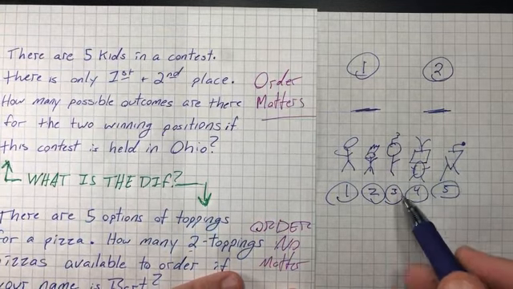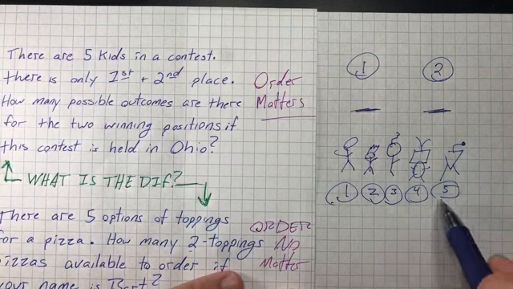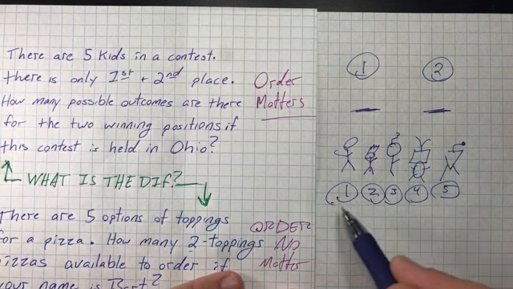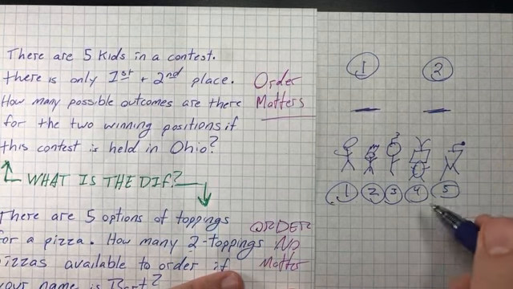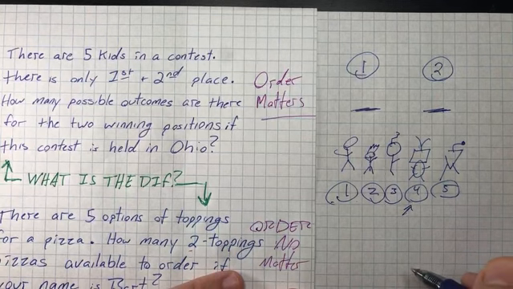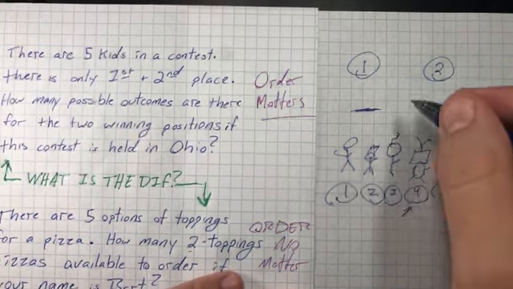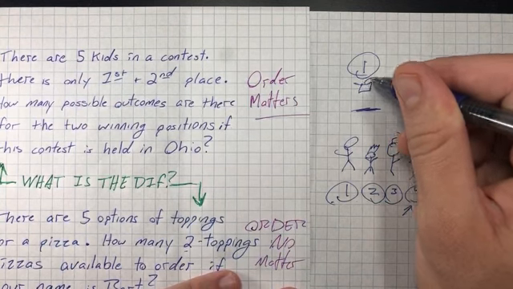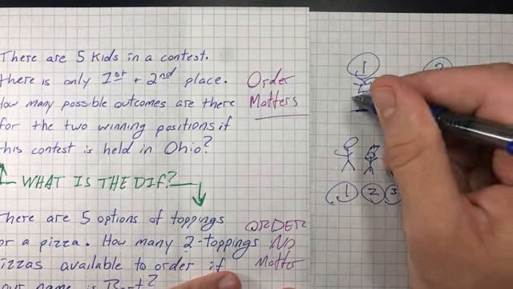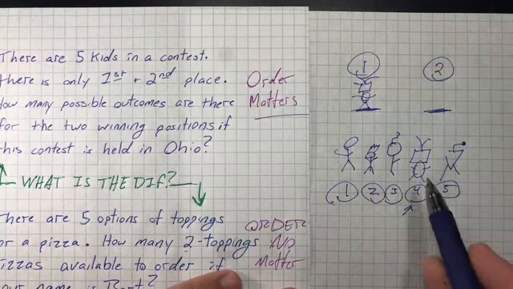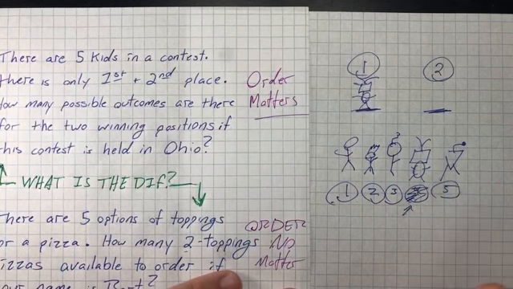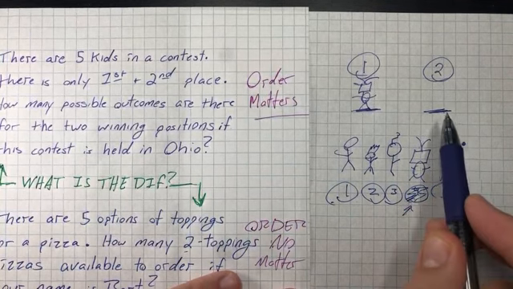How many potential dudes could get first place? Well, any of these 5 could. So let's assume that it's this weird box looking dude right now, and let's put him in there. Wow, look at that art, man. So this person's now out of the running. Now, how many people are in the running for the second location?